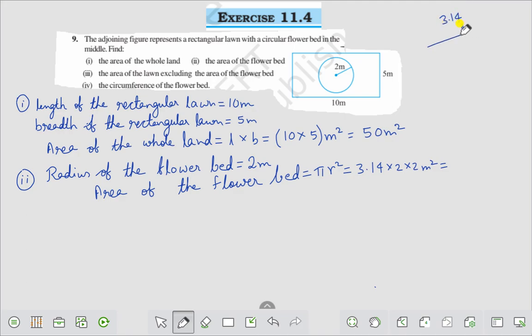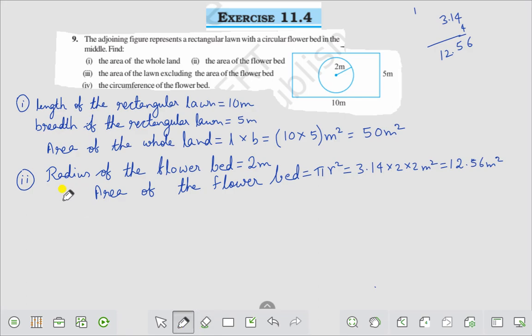You are getting 12.56 meter square. This is the area of the flower bed.